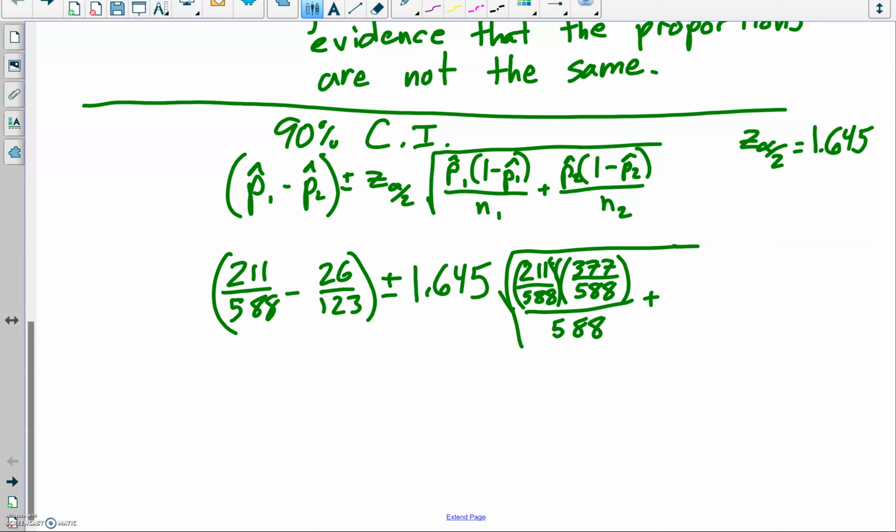And then plus the 26 over 123, times 97 over 123 when you do 1 minus that, and then all over 123.